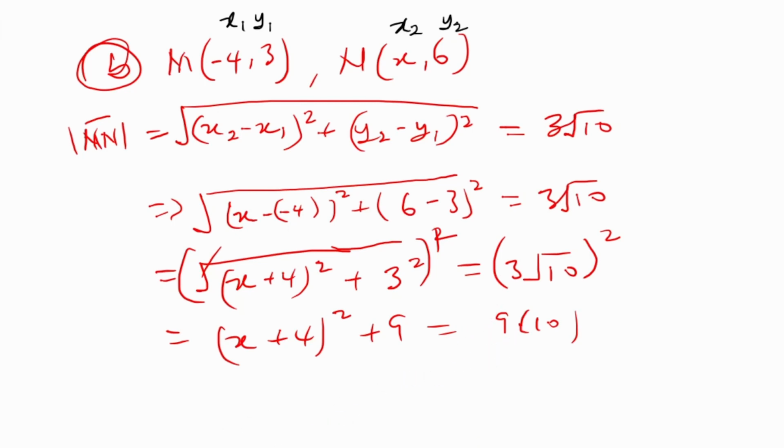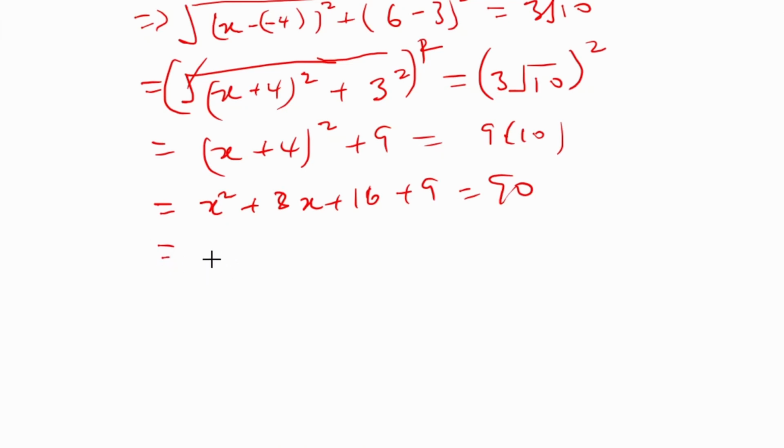Simplifying further, you are using binomial expansion. You are going to get x squared plus 8x plus 16 plus 9 to give us 90.